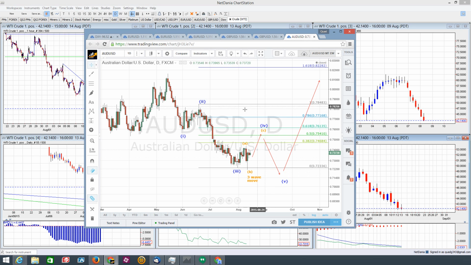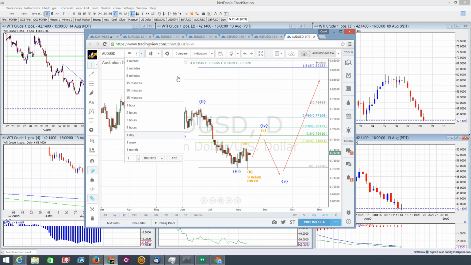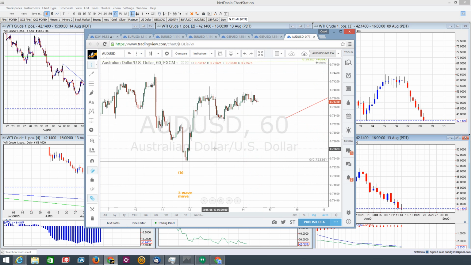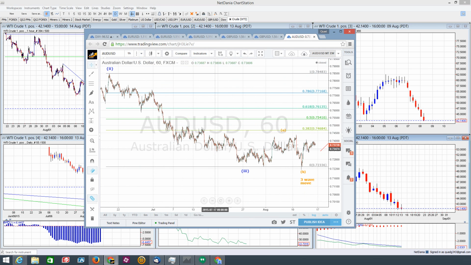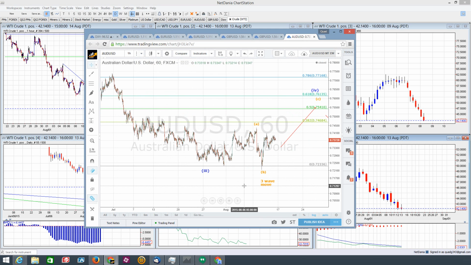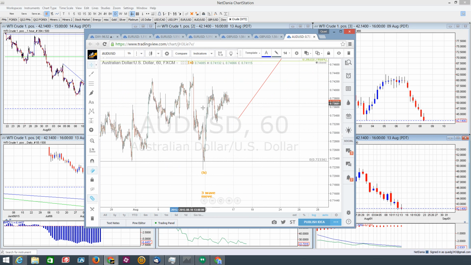And the reason I prefer this count rather than having wave 5 complete is if we go to the hourly, so here's wave A. We've got a choppy wave A to the upside, but this resulting move to the downside, if this was wave 4, I'll bring wave 4 down here temporarily. If this was wave 4, the result out of wave 4 is not a 5-wave move. I don't see how you can get a proper 5-wave count out of that.